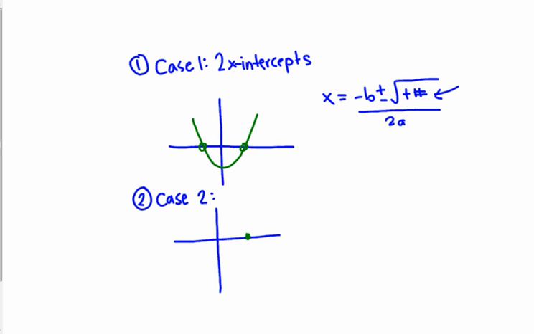Let's try that again. Anyways, I think my smartboard needs to be realigned. How about this? There we go. Okay, so case 2 is we have one x-intercept.